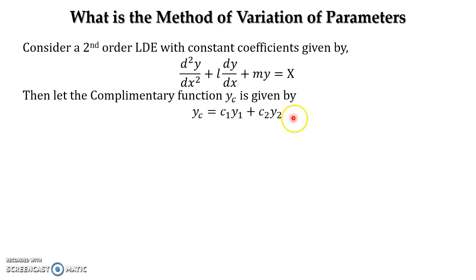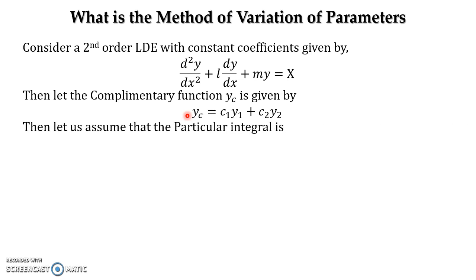So y1 and y2 can be maybe e raised to ax or sin x, cos x, some of the standard functions. And then once we have the expression for yc, we can assume that yp may be written as this particular equation, that is u times y1 plus v times y2.